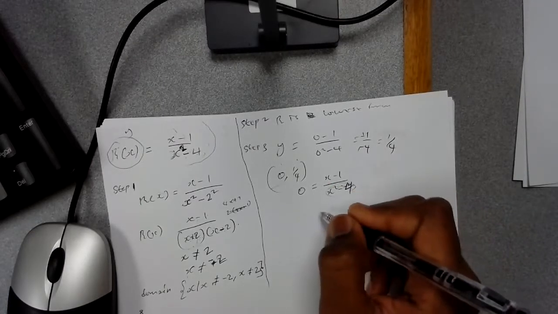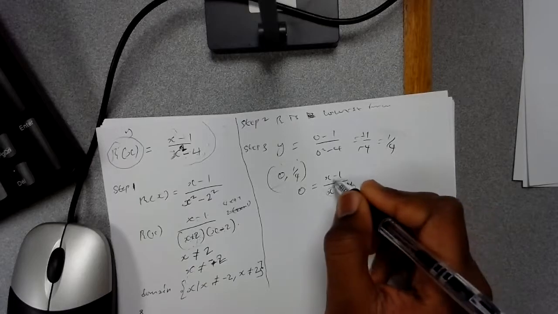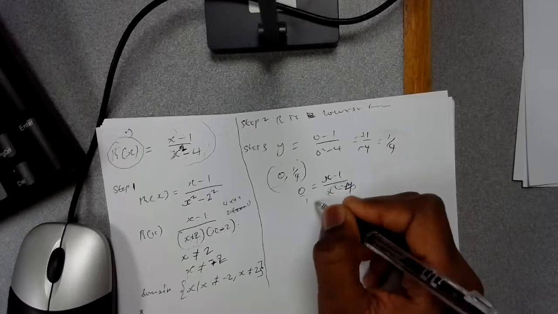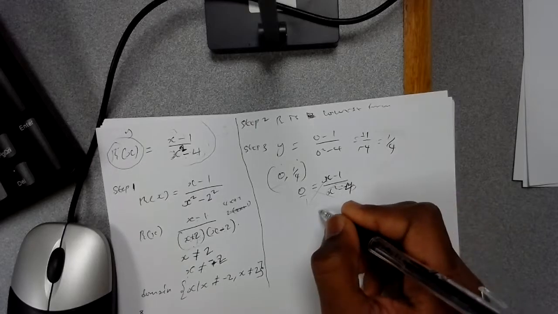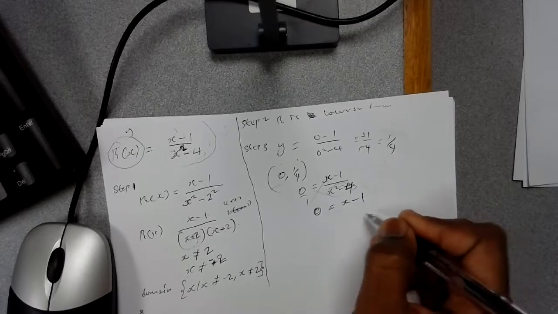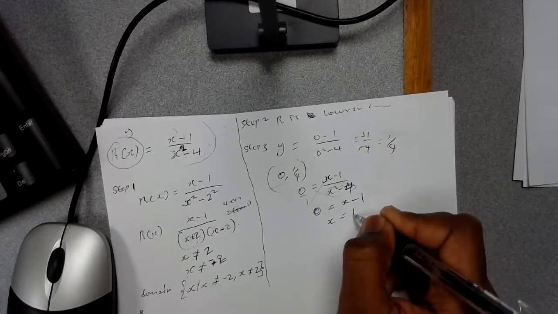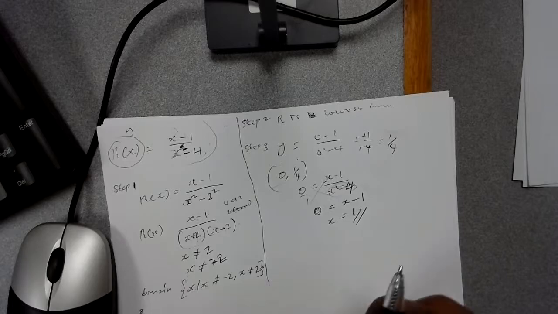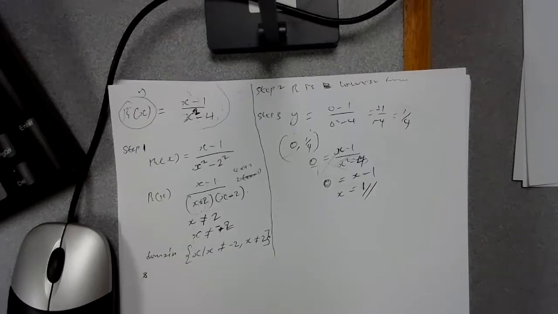The denominator here, we put this over 1 and multiply. So 0 is equal to x minus 1. So x is going to be equal to 1. So 1 is the x-intercept of the graph. When the y part is equal to 0, x is equal to 1.